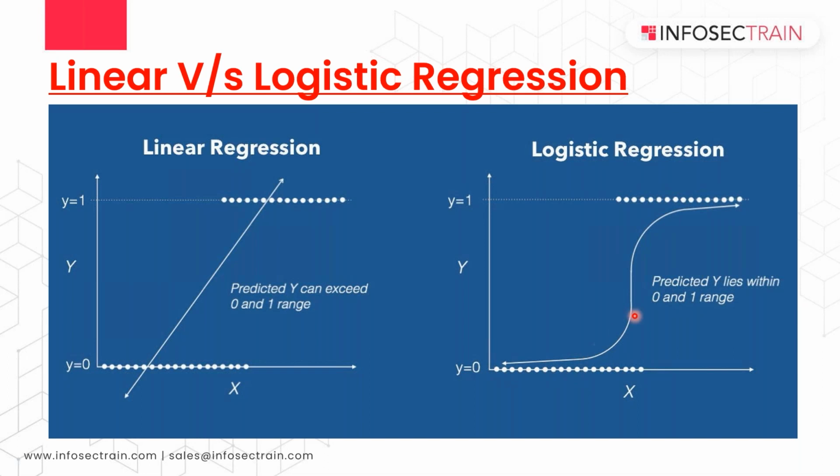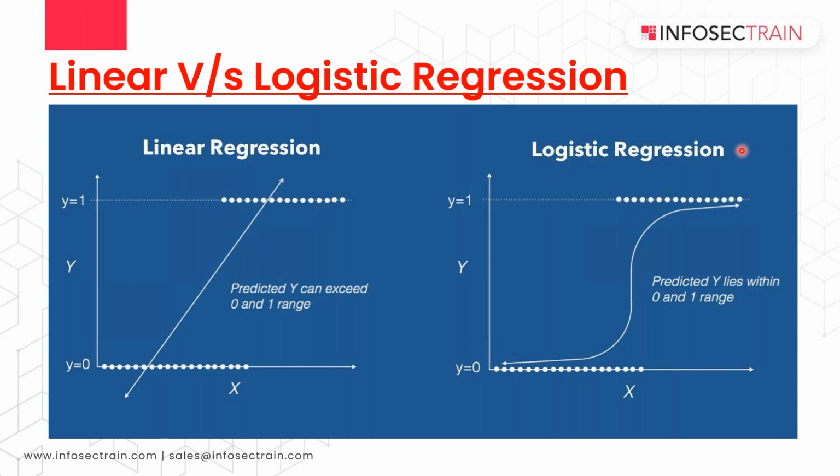This is somewhat like an S-shaped curve, isn't it? So this is my logistic regression. In the name itself there is logistic, which means I have used the logit function over there. So let us understand what exactly logistic regression is in a deeper way.